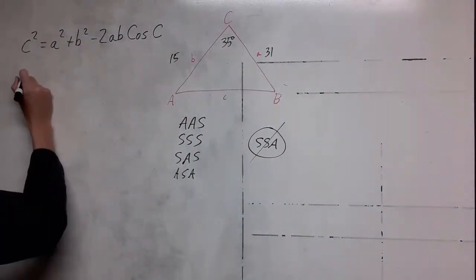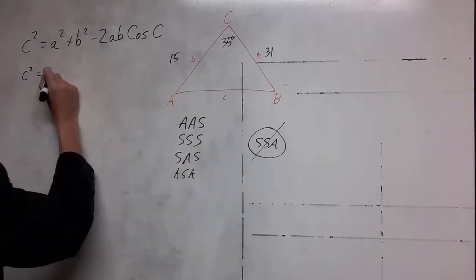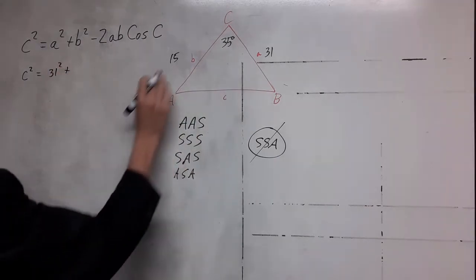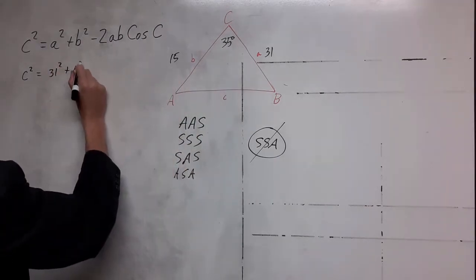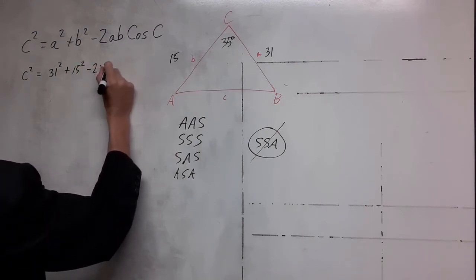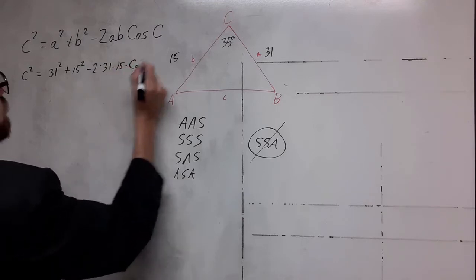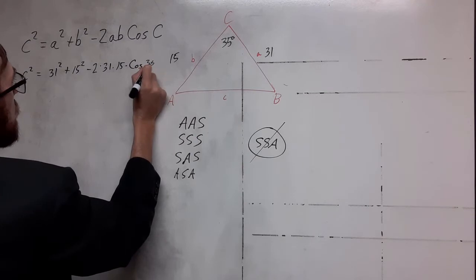C is unknown, it will remain unknown. A is 31, so we want 31 squared here. To that, we're going to add 15 squared. We're going to subtract 2 times 31 times 15 times the cosine of 35 degrees.